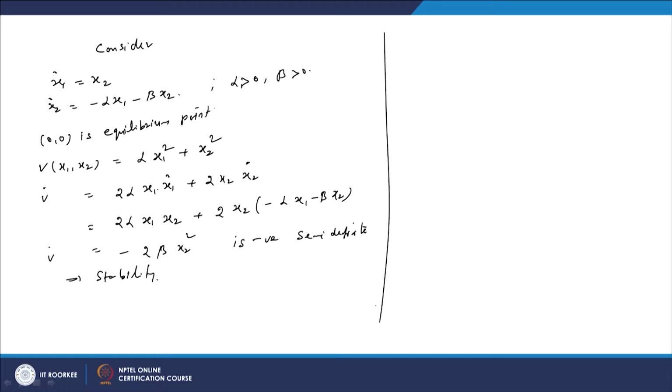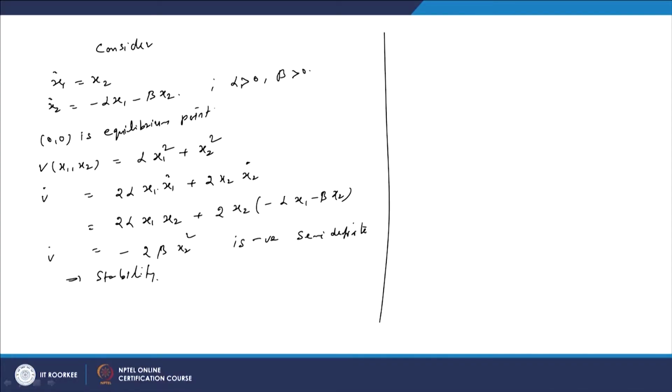But we can see that this system is actually asymptotically stable, because we can find some other Lyapunov function so that it is positive definite and v dot is negative definite. So by this particular result, we should not conclude that the system is simply stable, but if we keep trying various types of Lyapunov function, we may conclude later that the given system is asymptotically stable also.